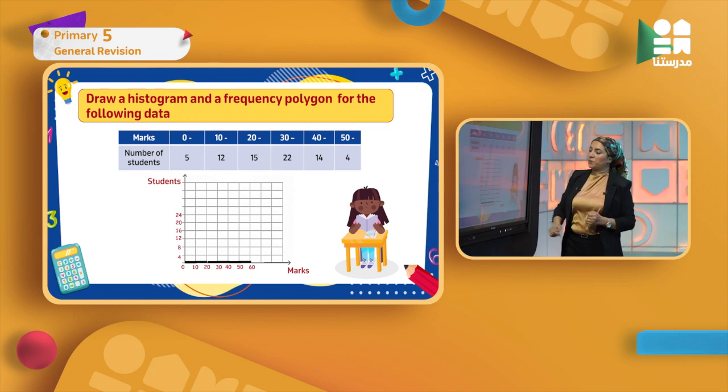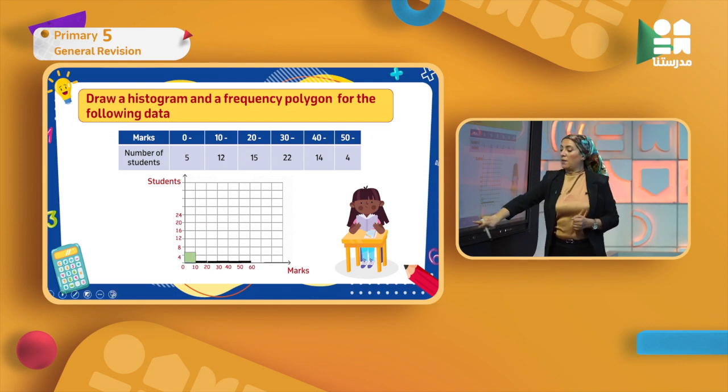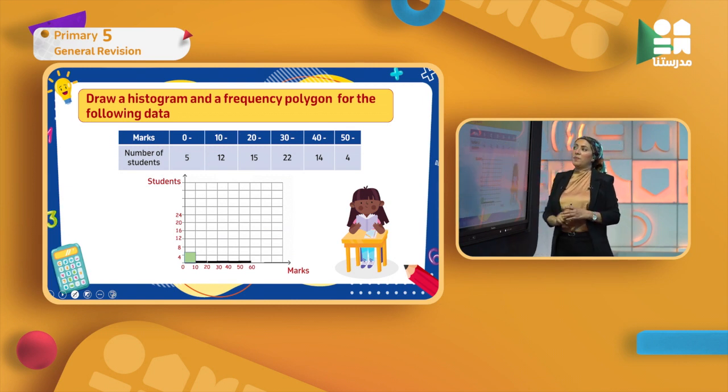So here, the marks from 0 to 10, the number of students are 5. So from 0 to 10, the number of students are 5.